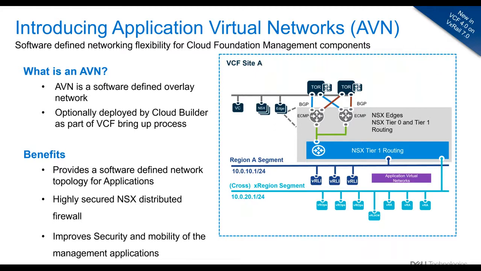So this is really helping set up a lot of that network abstraction for the actual Cloud Foundation management pieces. Obviously, this type of NSX logical networking has already been available for customers who optionally want to use it for their applications. But now this is being used as a part of this standardized architecture and design for the actual Cloud Foundation management.